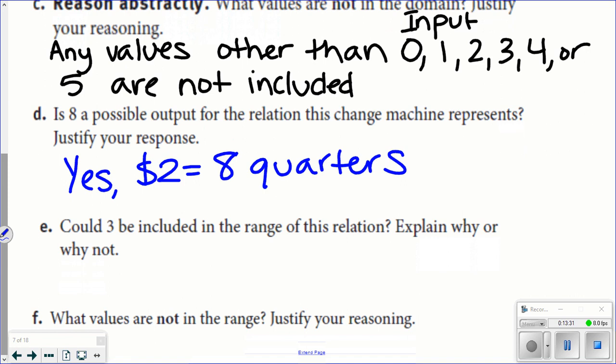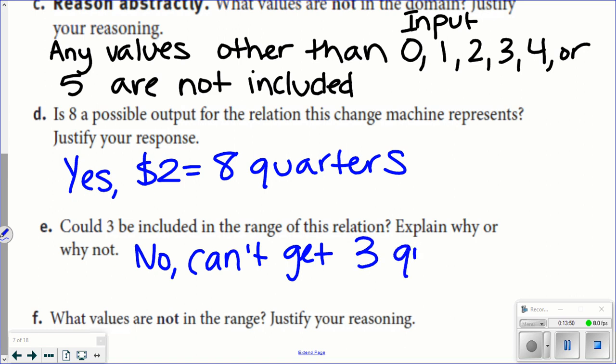Could 3 be included in the range? Remember, range is another word for output. What do we get out of the machine? We get out quarters. Can we get out 3 quarters? No. That would be 75 cents. It would be shortchanged.